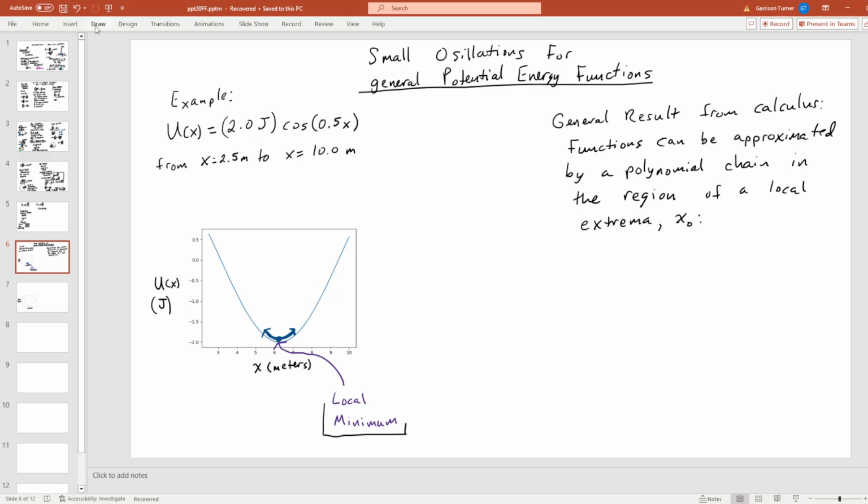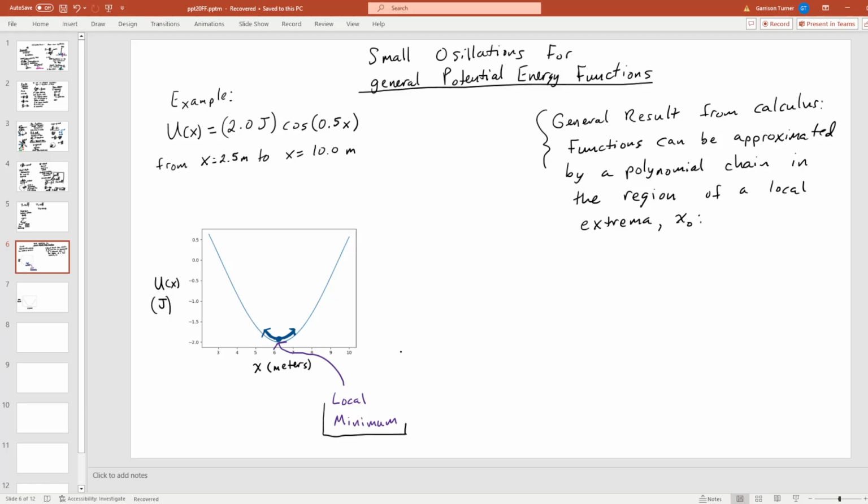So we start with the general result from calculus. Functions can be approximated by a polynomial chain in the region of a local extrema. We call that local extrema x naught.